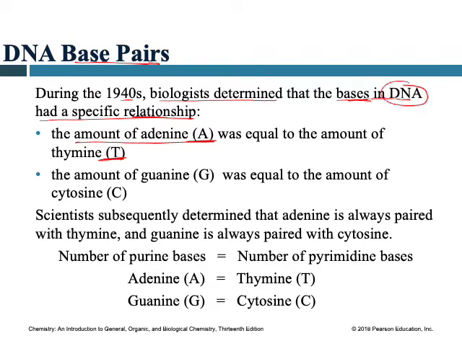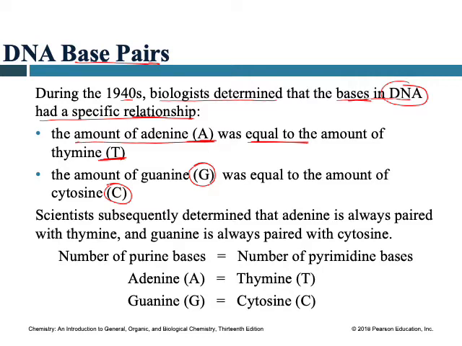If you have a DNA molecule with two adenine molecules present, that means you should have two thymine molecules also. They have to be equal. And the amount of guanine is always equal to the amount of cytosine. So they are equal in number, right?